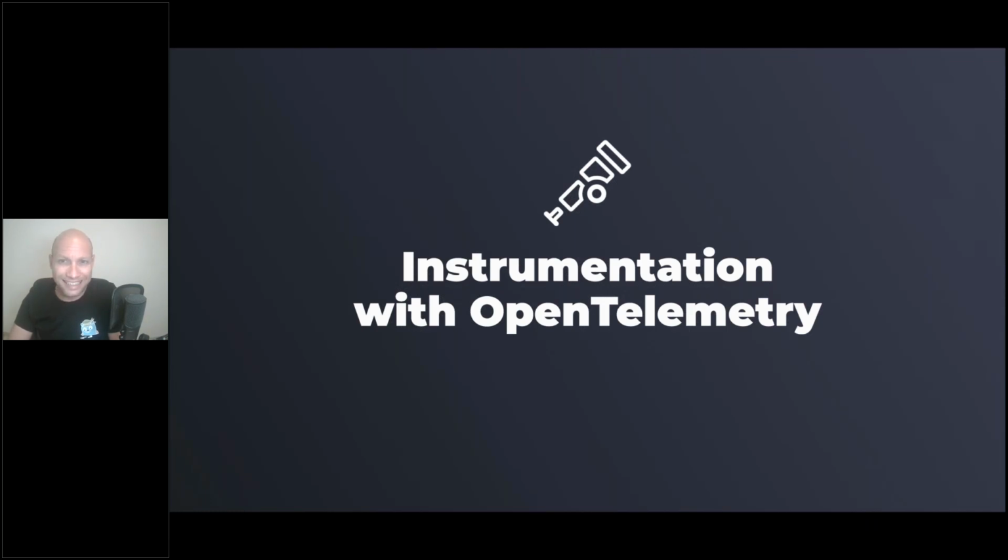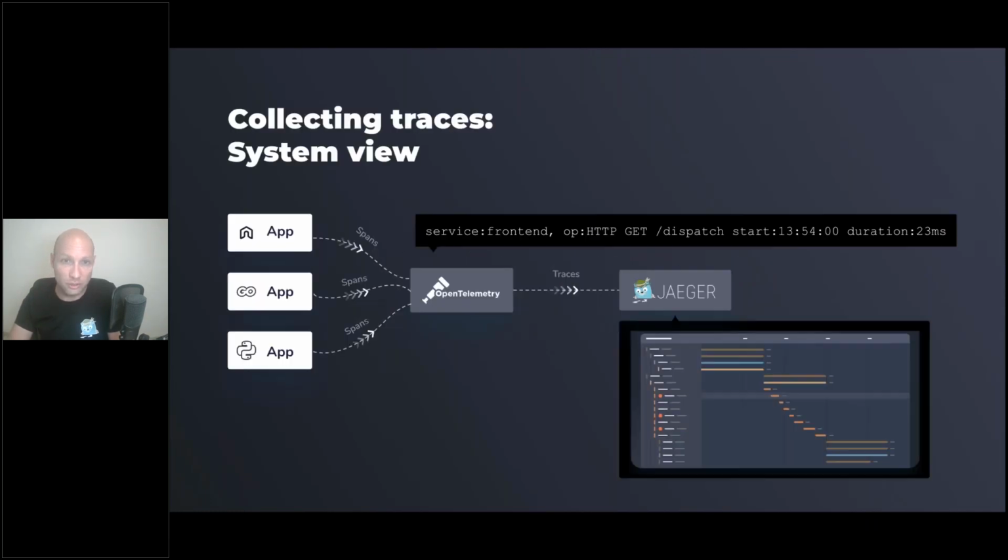And since then, Jaeger moved to using OpenTelemetry for both the client libraries, the SDKs, for instrumenting the application, and for the agent. So as I showed before, the stack currently uses OpenTelemetry for both the instrumentation side and the collection side.